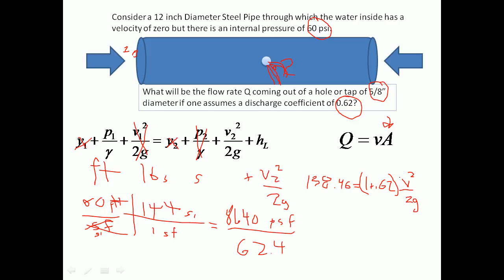You solve for velocity by taking 138.46 divided by 1.62, multiplying by 2, multiplying by 32.2, and then taking the square root, and you get a velocity of 74 feet per second.